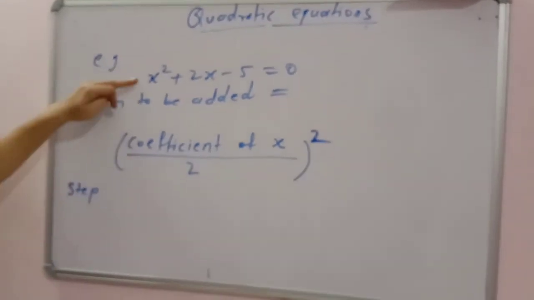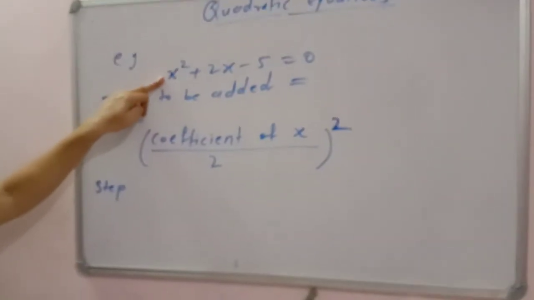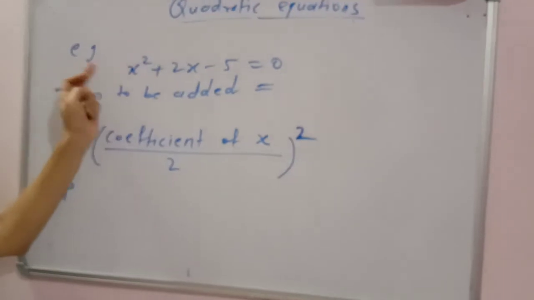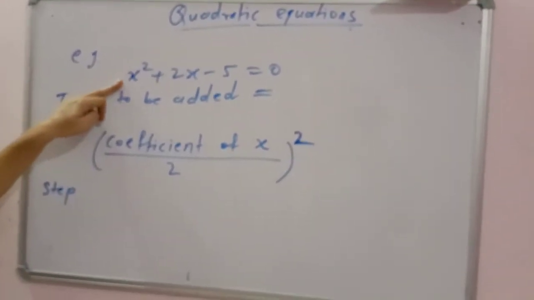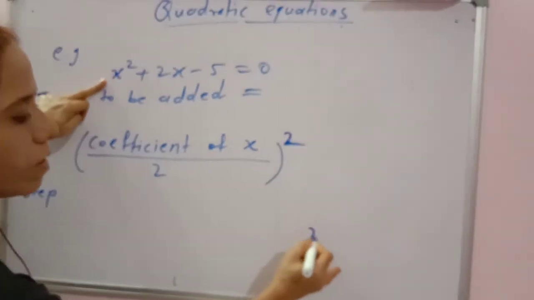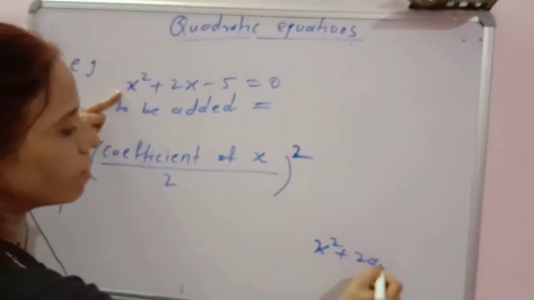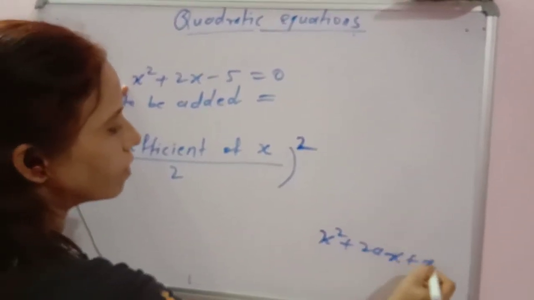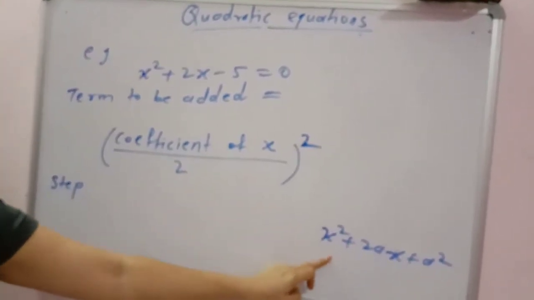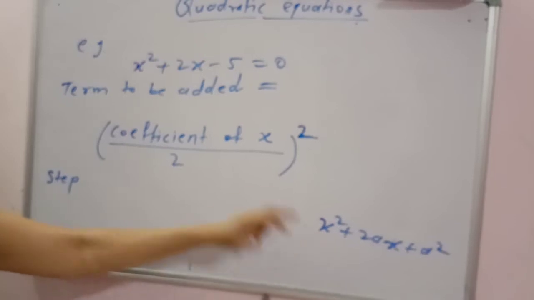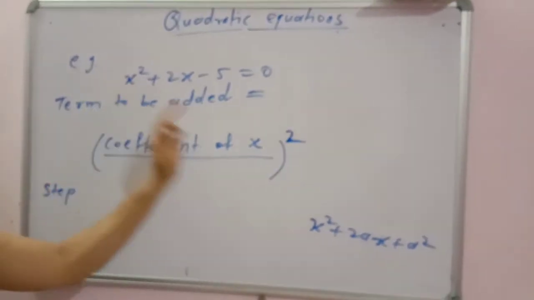Now in this case the coefficient of x square is already 1. So we don't have to make it 1, because if it is 1 we can compare it to this x square plus 2x plus a square. To compare to this perfect square trinomial, we have to make the coefficient of x square 1.